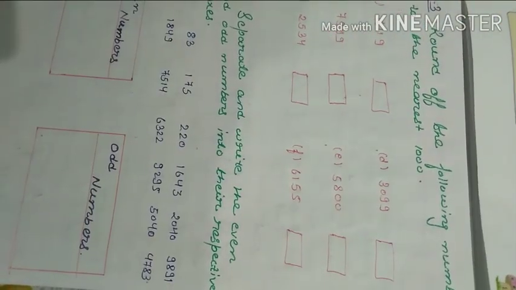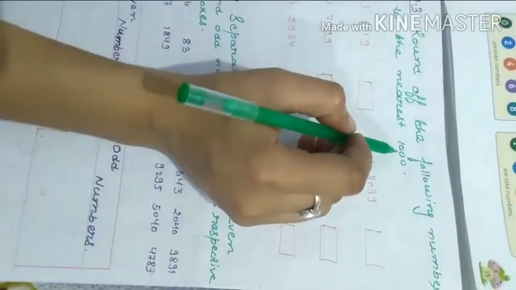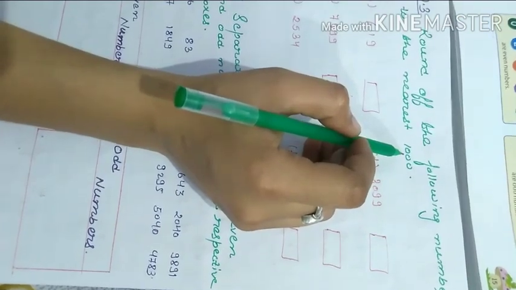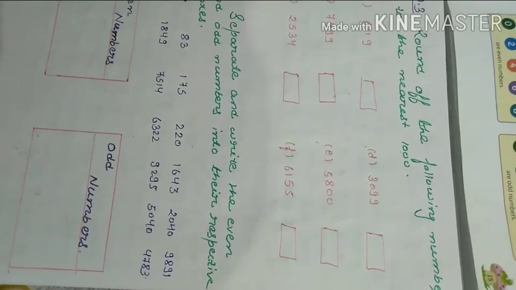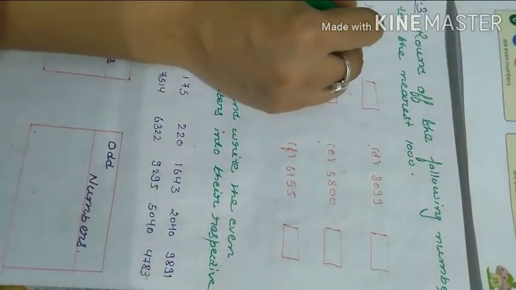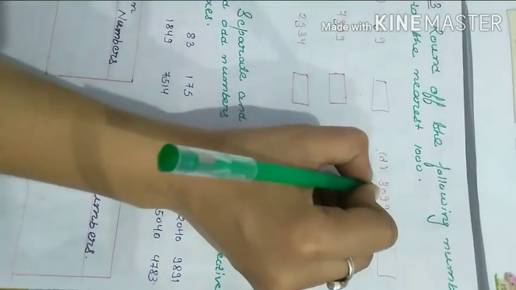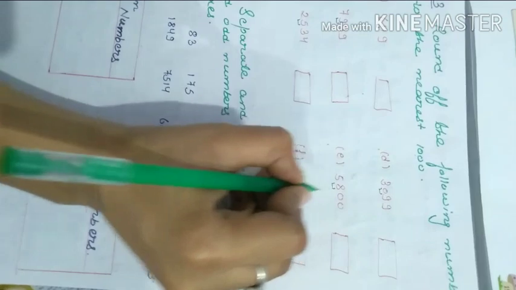Now students, here the next question is round off the following numbers to the nearest 1000. Now when we round off a number to the nearest 1000, what we will do? We will look at the digit at 100 place. So we will check the number at 100 place. Okay.